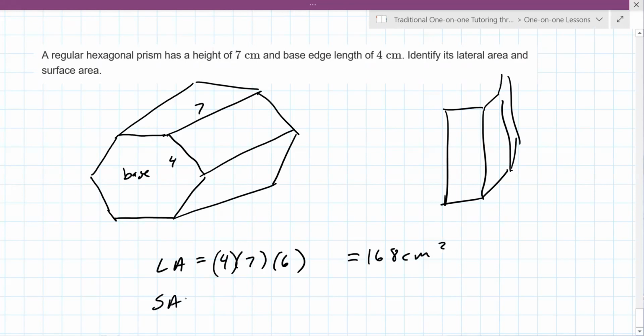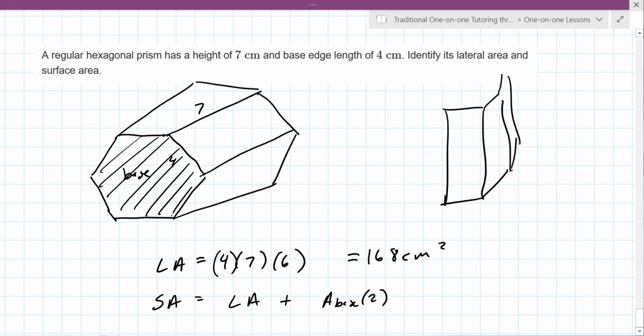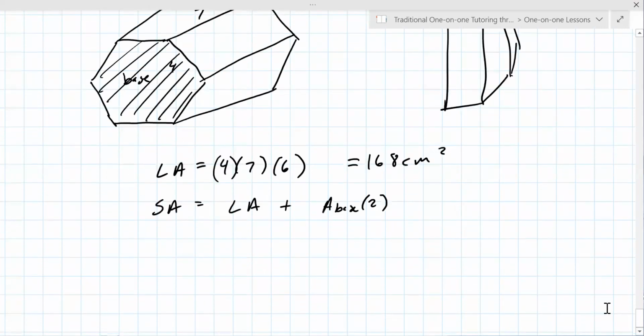Now the surface area is the lateral area plus the area of the base times 2. So you got to go back to that calculator you've been using, find the area of the base, multiply by 2, and then add it to this other number. Okay, I get 41.6.